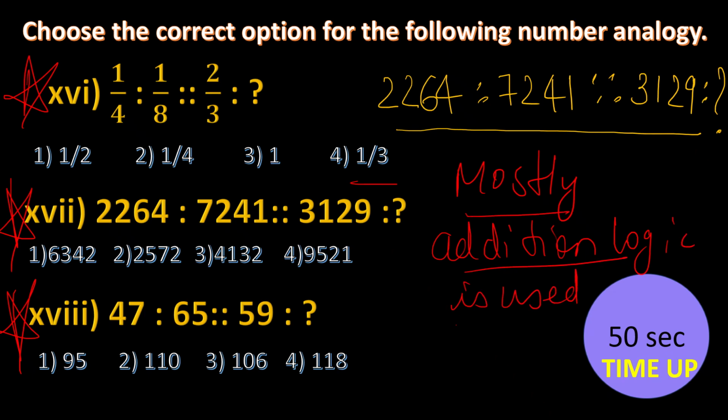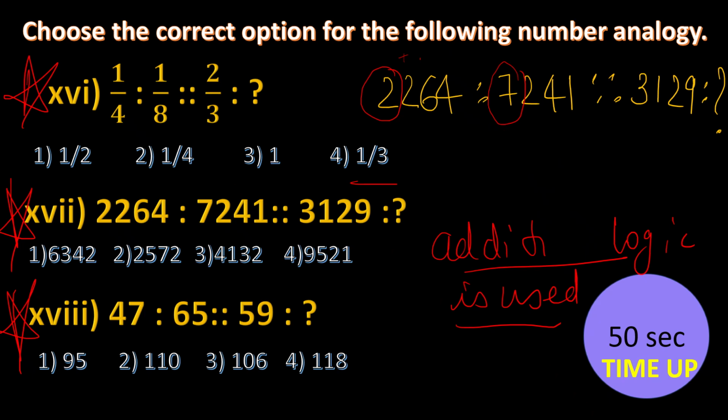Mostly addition logic is used when there is 4 digit number. So it can be addition within the numbers or by adding. See, the first digit of this number, when you add something, it should give you the answer as 7. Like that also the logic could be.